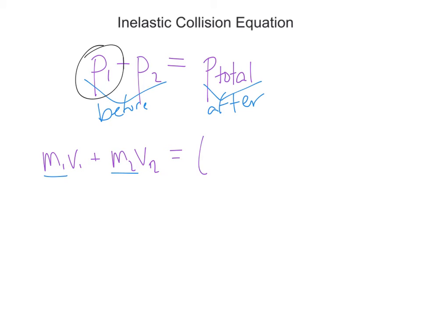We write the mass of object 1 plus the mass of object 2. Because they're all together, we don't have two velocities anymore, we only have one velocity. So this would just be the final velocity over here. They combine together and we only have one velocity after an inelastic collision occurs.